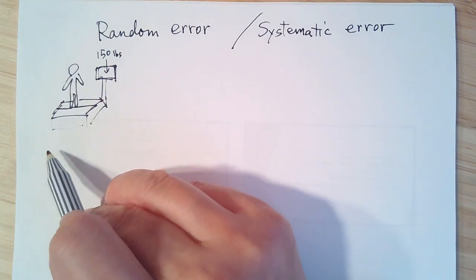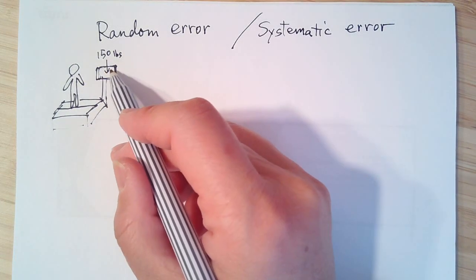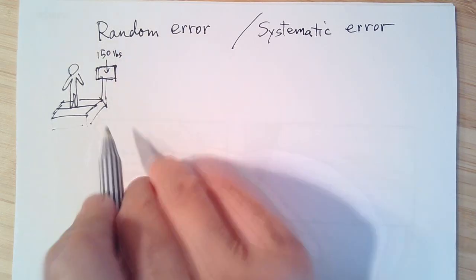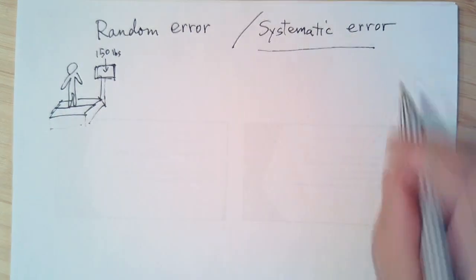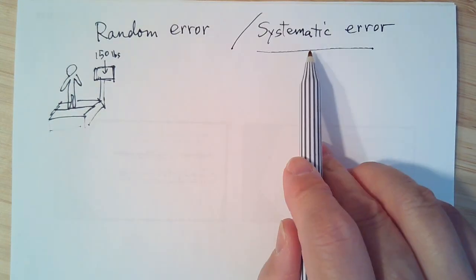And then the next person who is 110 pounds, but the meter shows 112. So again, there's 2 pounds. That is the error. That is called a systematic error. So the systematic error occurs when there is a problem in the measurement system that affects all measurements in the same way.